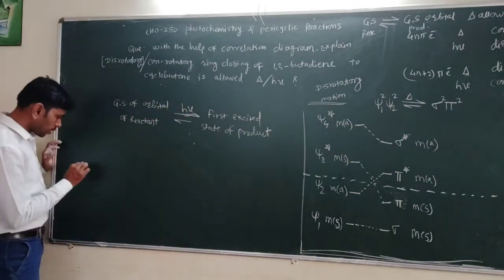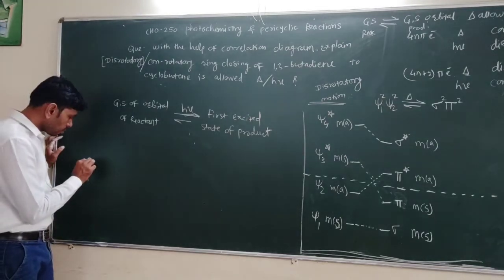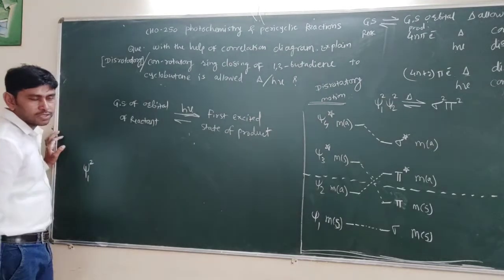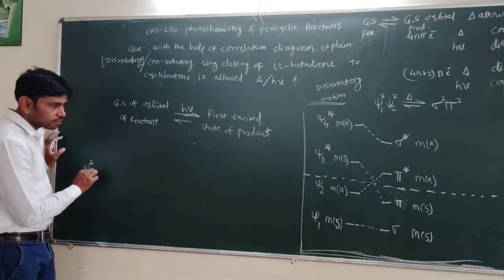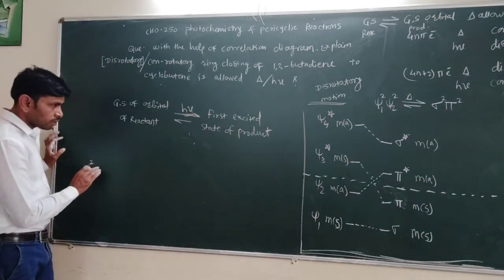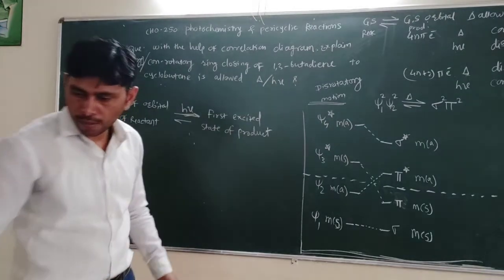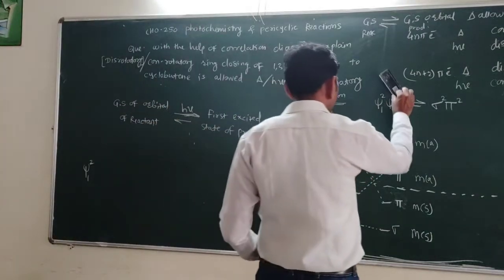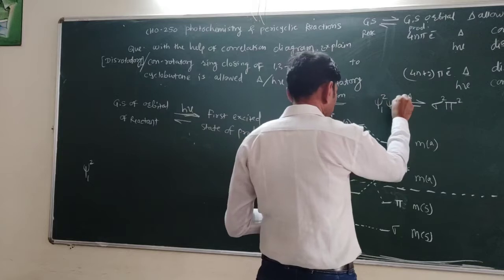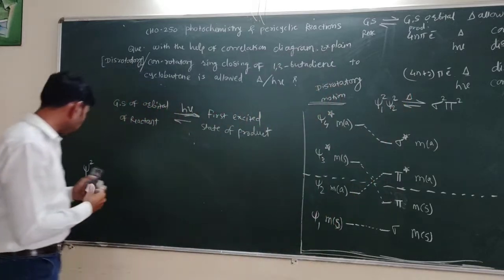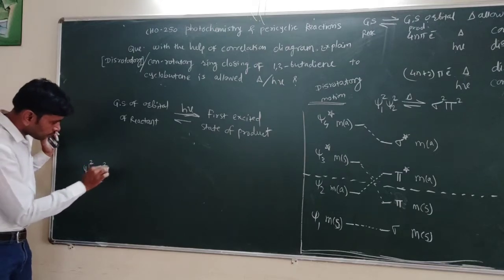So Psi1 contains 2 electrons initially. Psi1 contains 2 electrons, Psi2 contains 2 electrons initially.